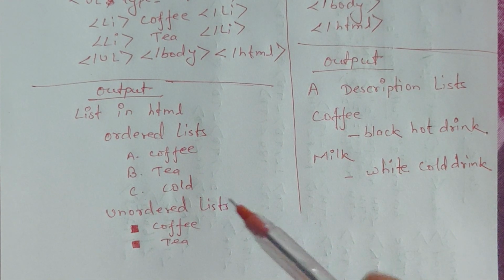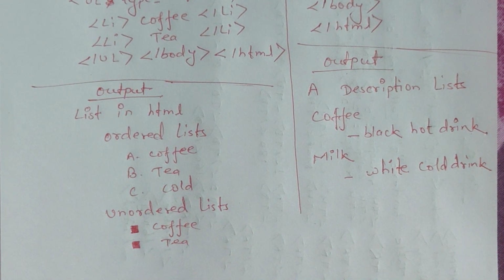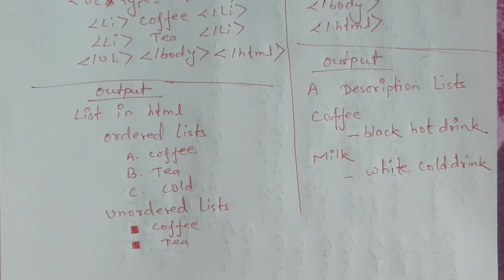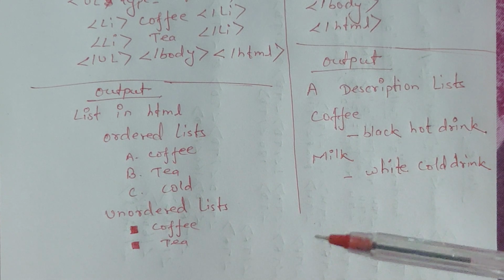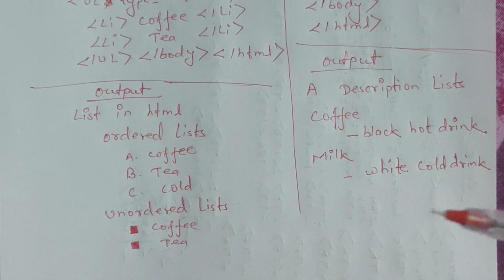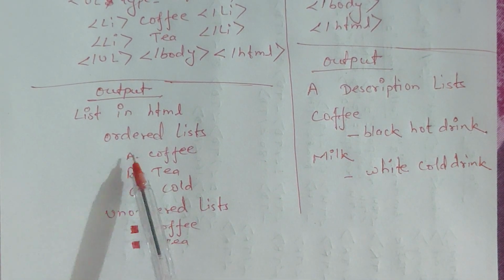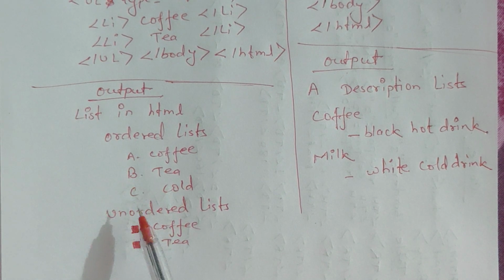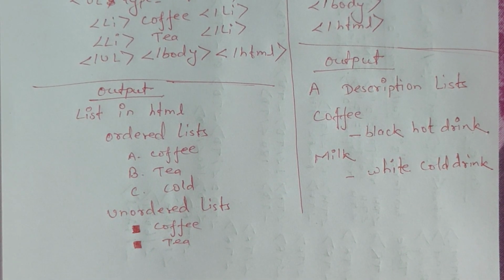And a, b and c are the index values which represent an order. First, a value is coffee, that means in first, coffee is there; in second, b, tea is there; in third, c, cold is there.